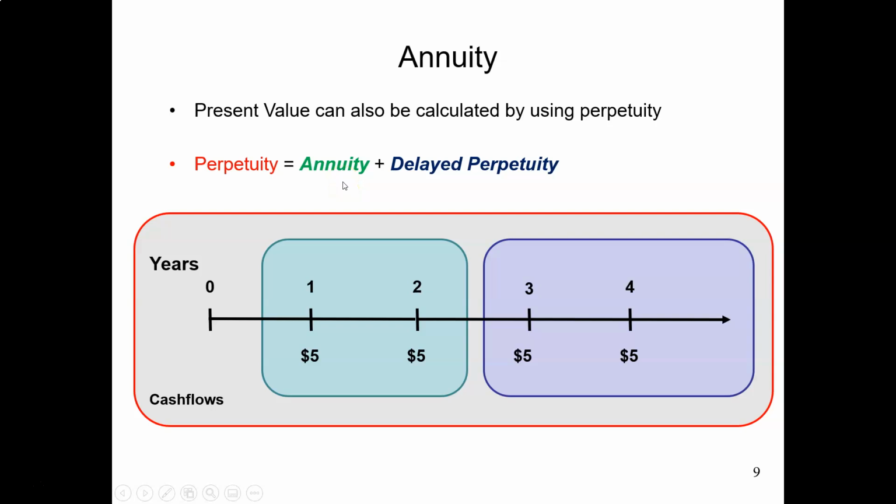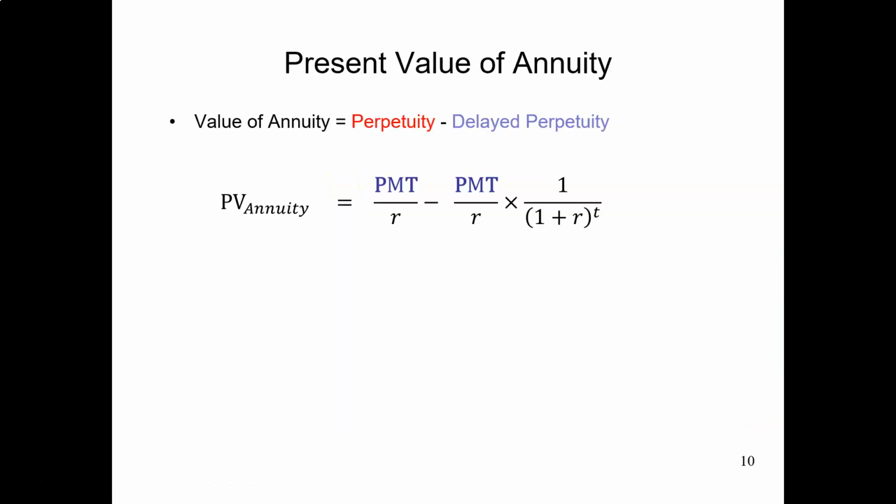This equation will be very useful to construct the present value of annuity. In fact, we can use the present value of annuity as the difference between the present value of perpetuity and the present value of delayed perpetuity. The present value of perpetuity starting from next period will be the payment over interest rate.